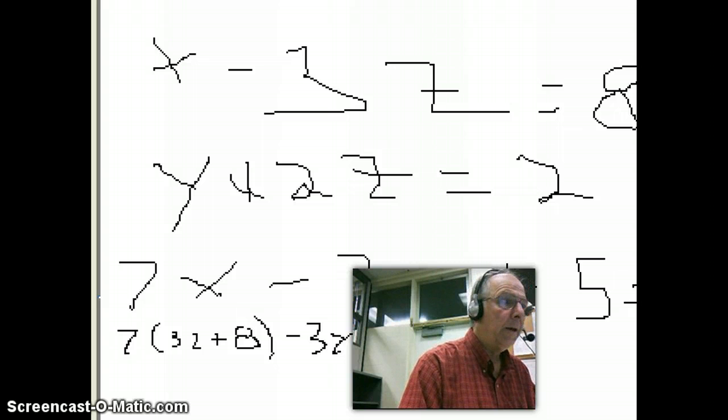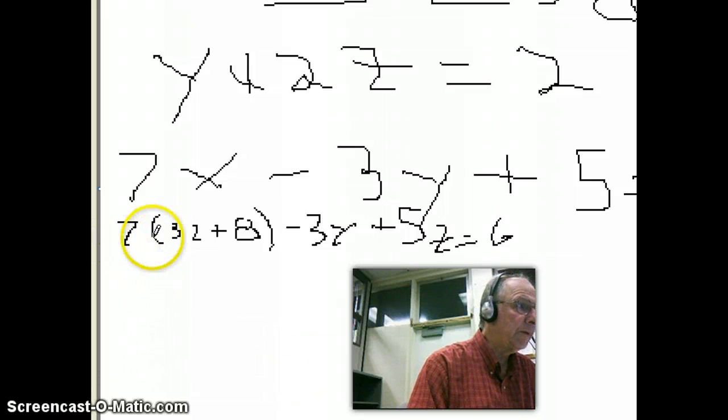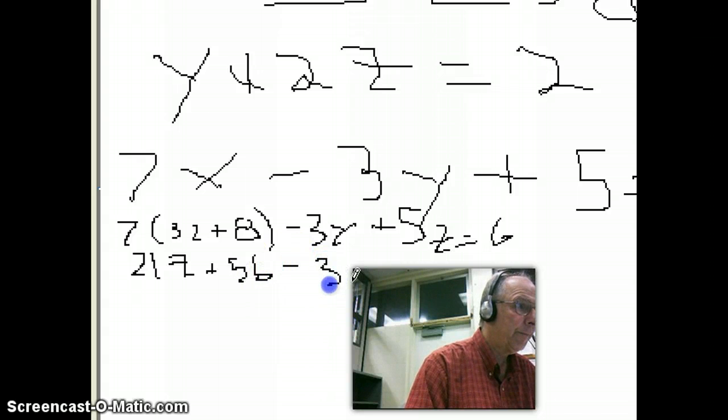Then we'll try to clean this up a little bit. We'll multiply 7 times 3z, which is 21z, plus 7 times 8, which is 56. It'll be minus 3y plus 5z equals 6.